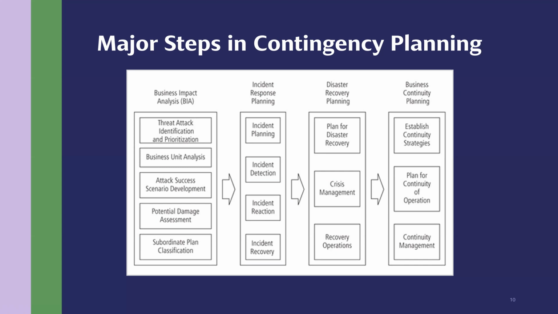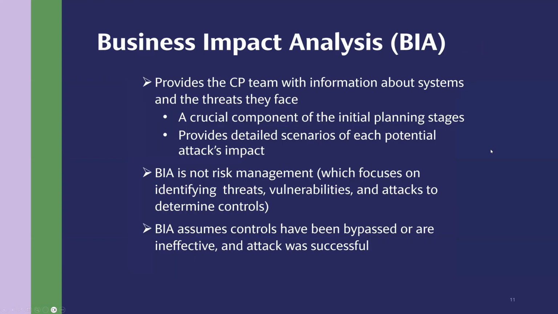You plan, you detect, you react, and you recover. Similarly, in DRP, we have plan for disaster recovery, then crisis management, and finally some recovery operations. And for business continuity planning, you need to establish continuity strategies, plan for continuity of operation, and of course, continuity management. We are going to see these things in more detail.